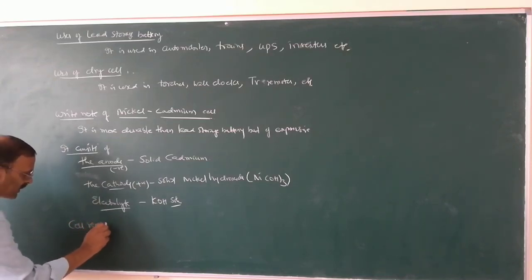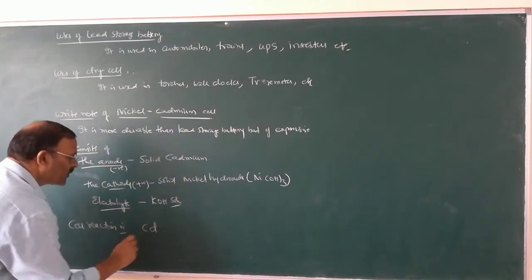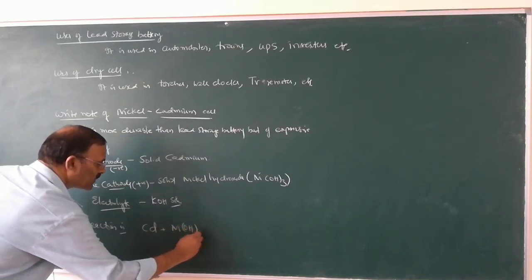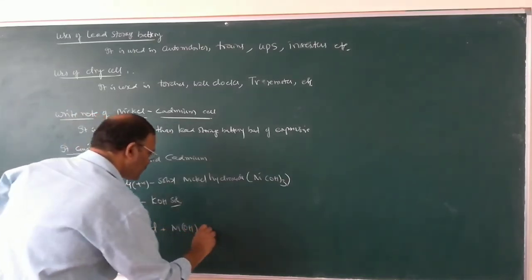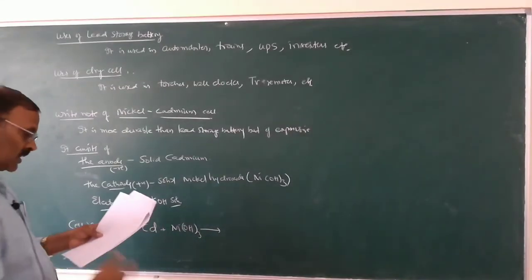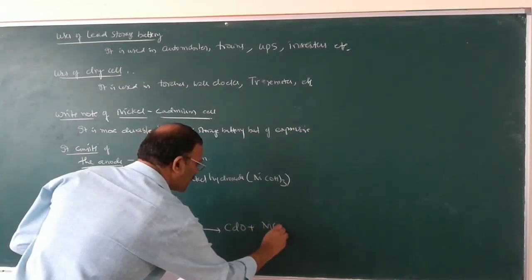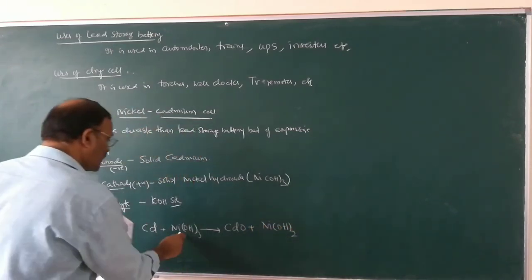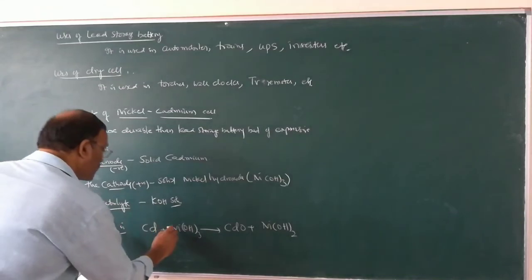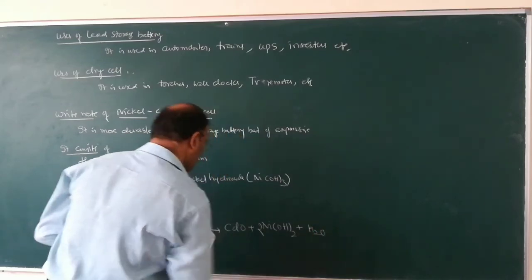The cell reaction is cadmium plus nickel hydroxide gives cadmium oxide plus nickel hydroxide: Ni(OH)3 is converted into Ni(OH)2 plus H2O.